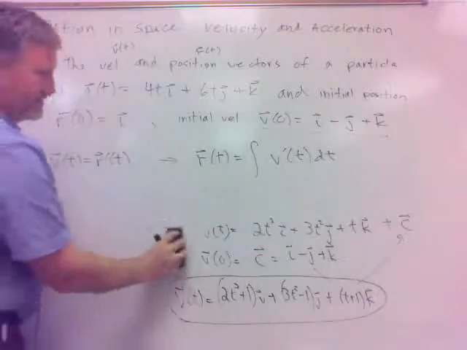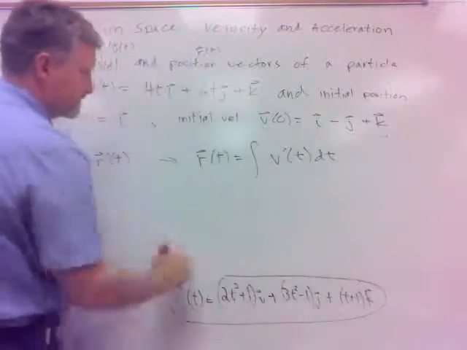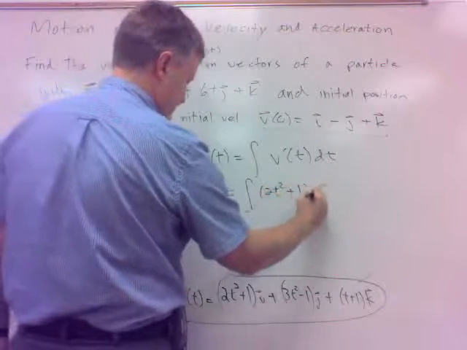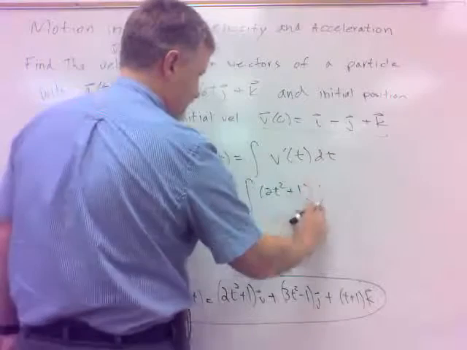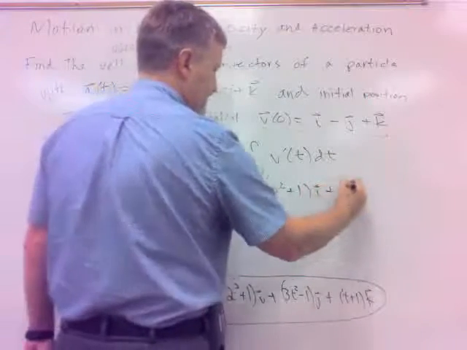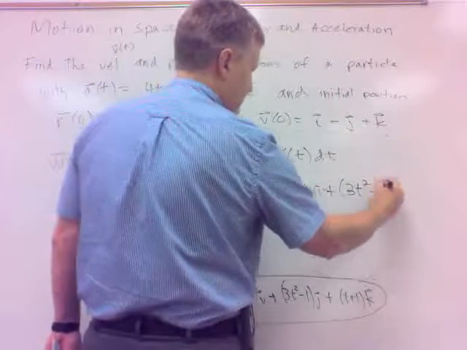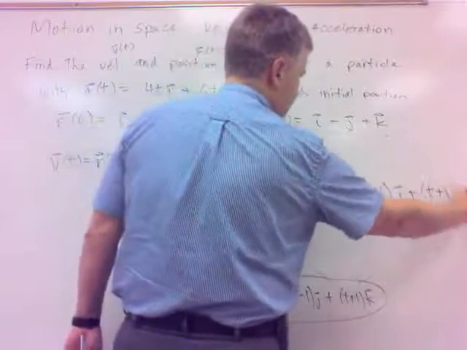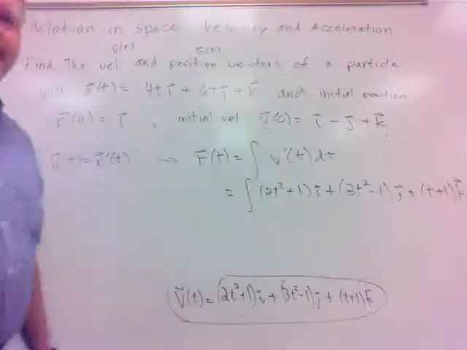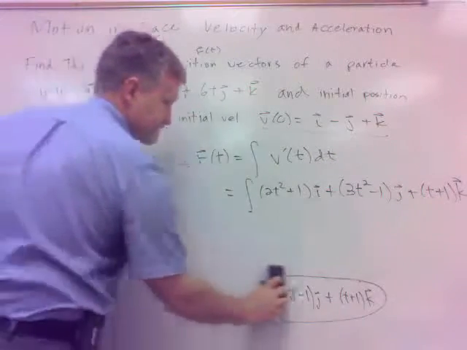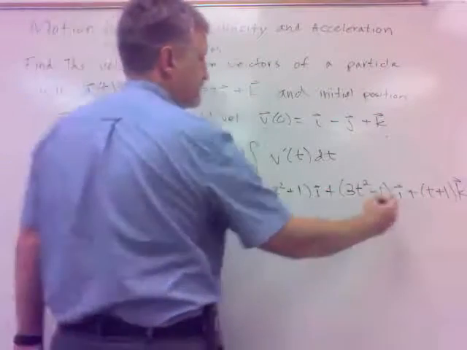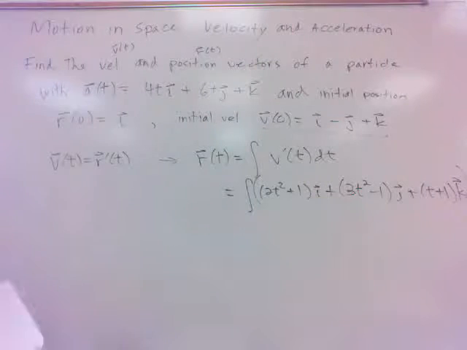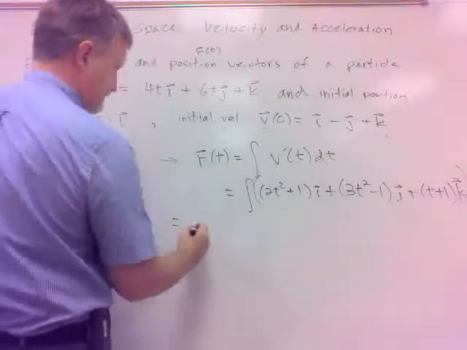So we're going to integrate this: the integral of (2t squared plus 1) i plus (3t squared minus 1) j plus (t plus 1) k. What does that give us?